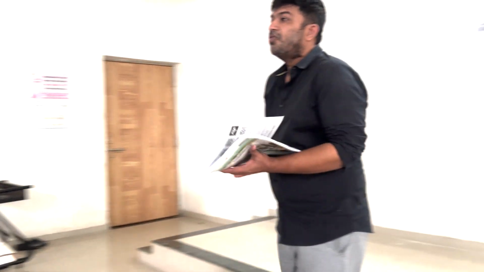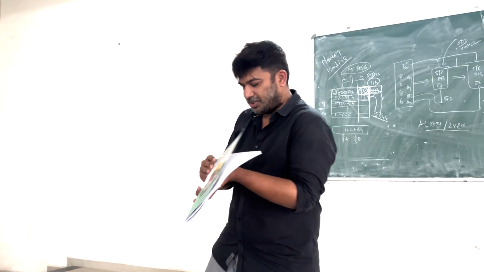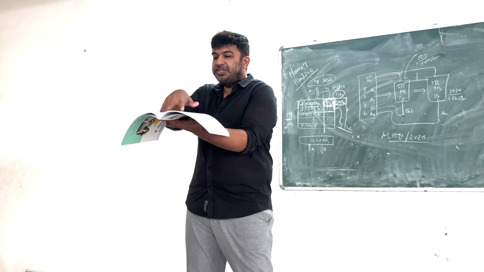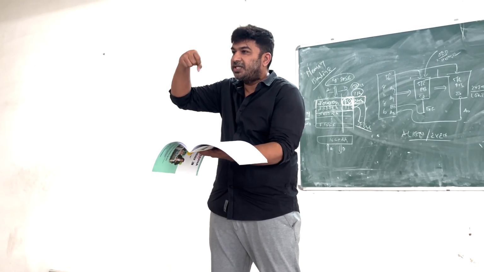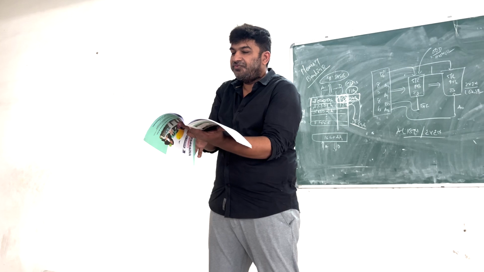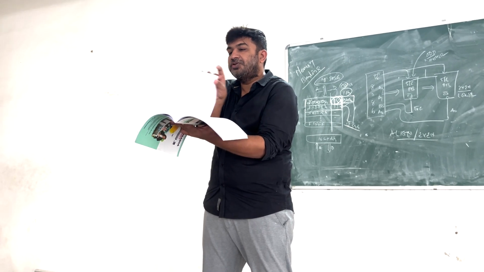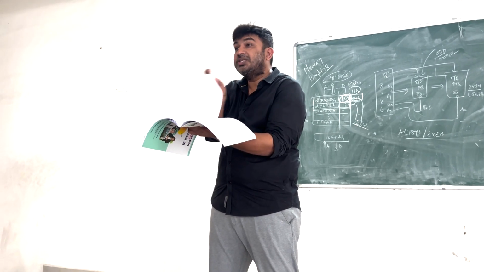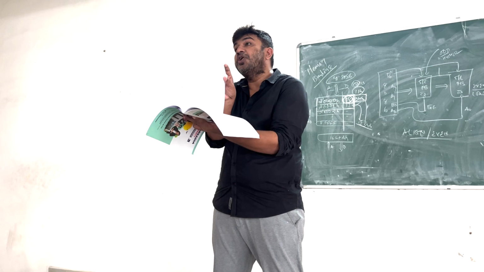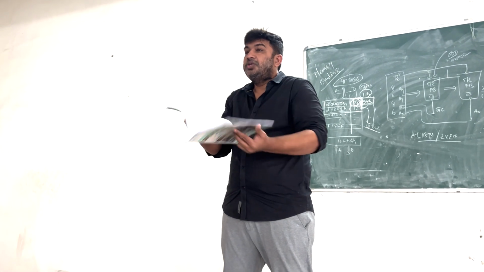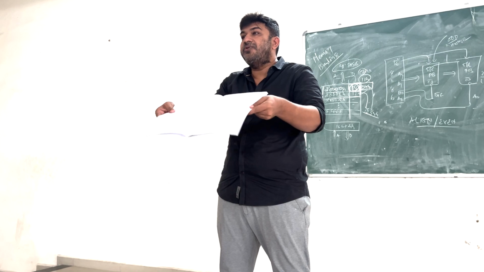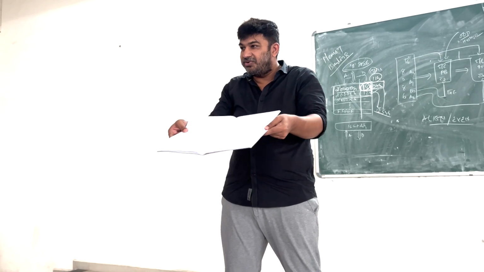Now let's take the example of a notebook. What is the advantage of aligned and misaligned? These pages are aligned. I can see both these pages together. Understand? But if this is like 3 and 4, 3 is here, 4 is here, they are not aligned. So if you want to read, you first have to read 3, then you need to read 4. You can only read 4 and 5 together. Understand? Because it started with an even number.